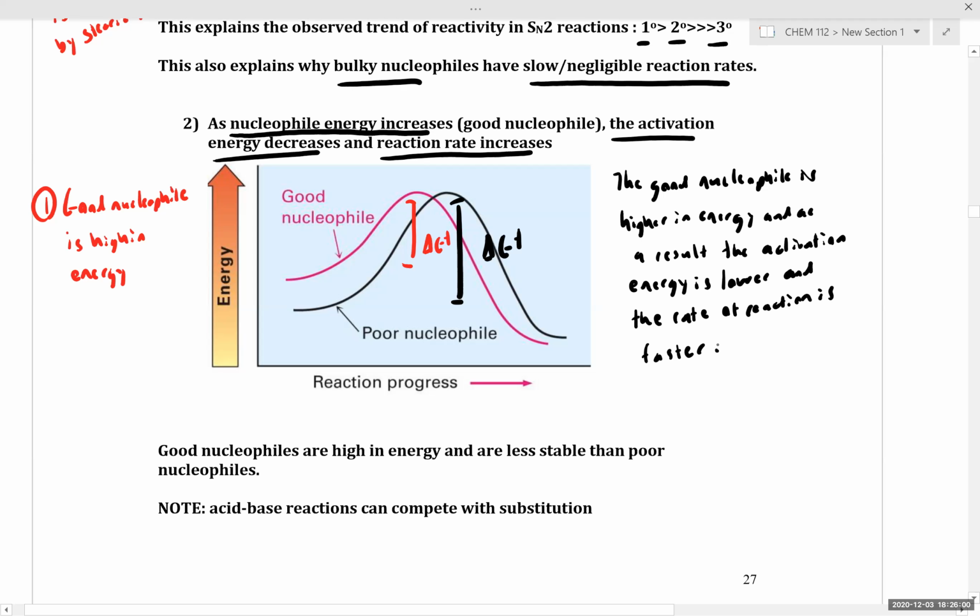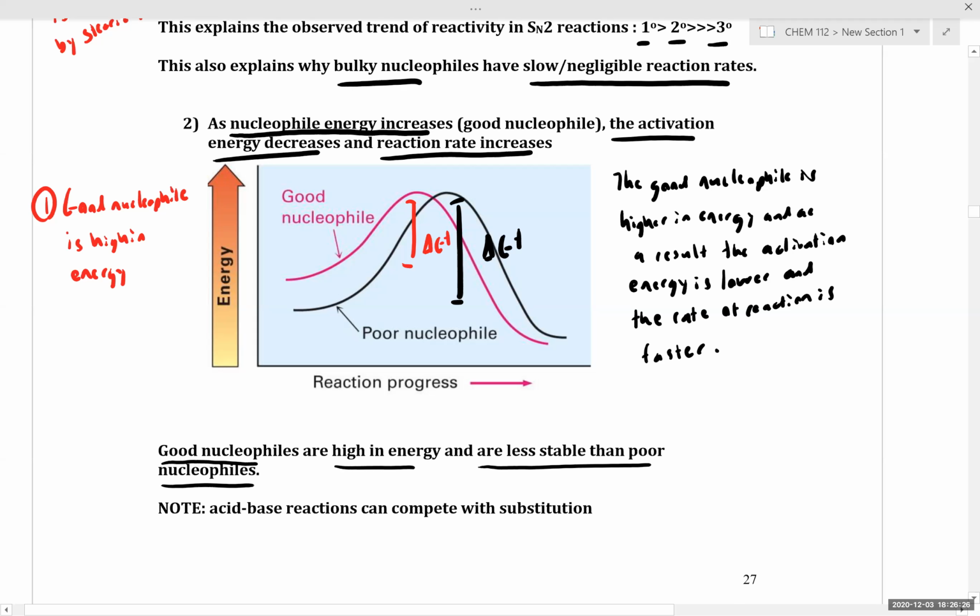Does that make sense to everyone? And barring differences in steric hindrance, the transition state will have roughly the same energy for both of these pathways. So the main thing I want you to keep in mind is that good nucleophiles are high in energy and are less stable than poor nucleophiles.